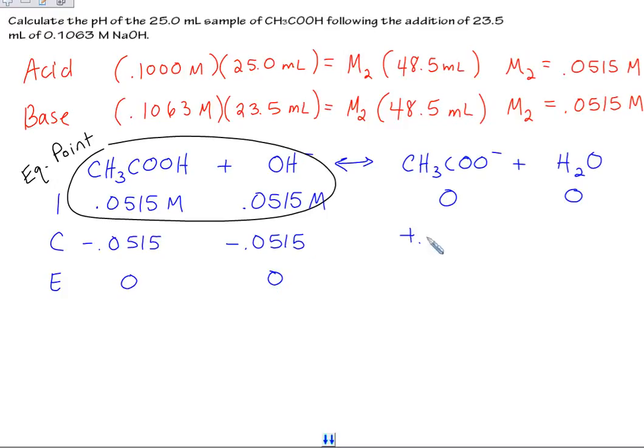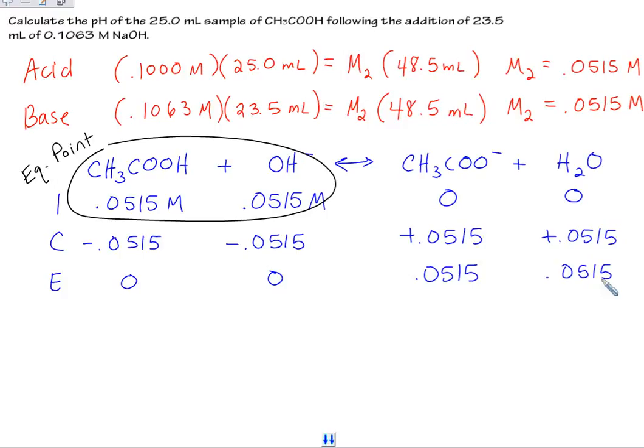These are going to go up. So this will be 0.0515. And we're going to form some water. 0.0515 moles of water.